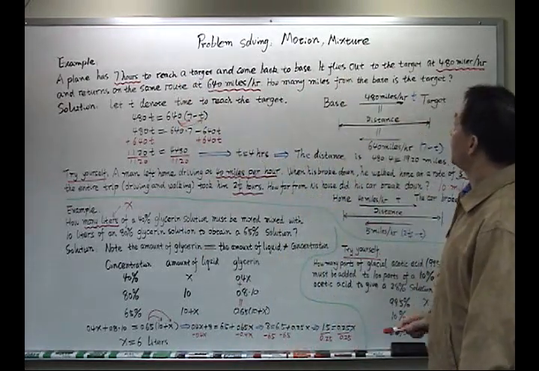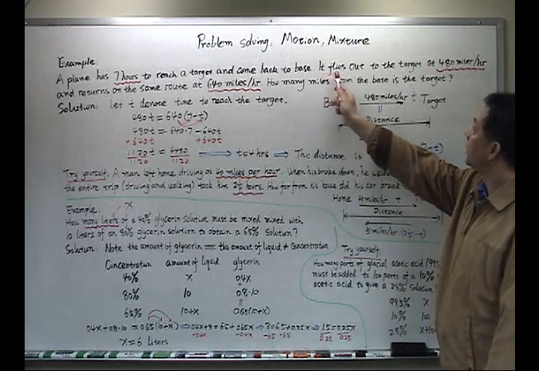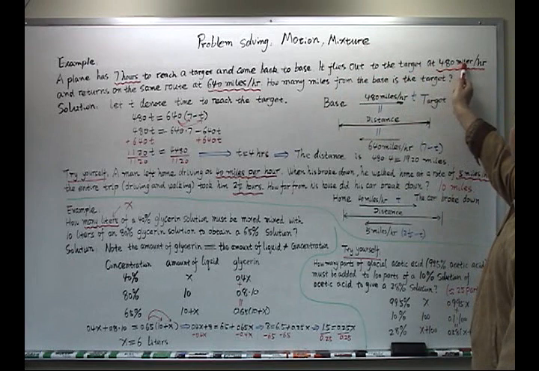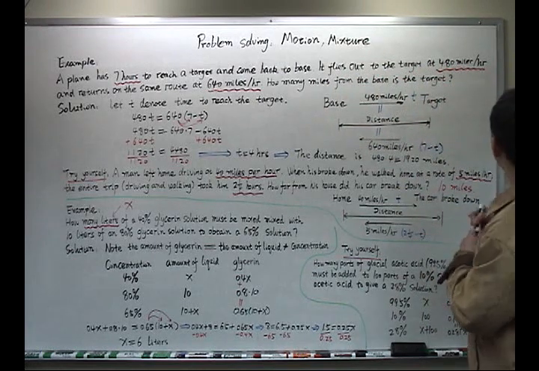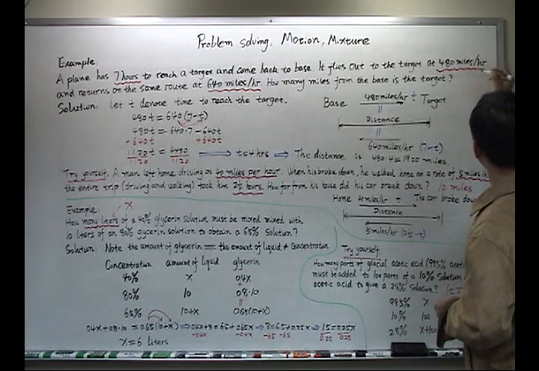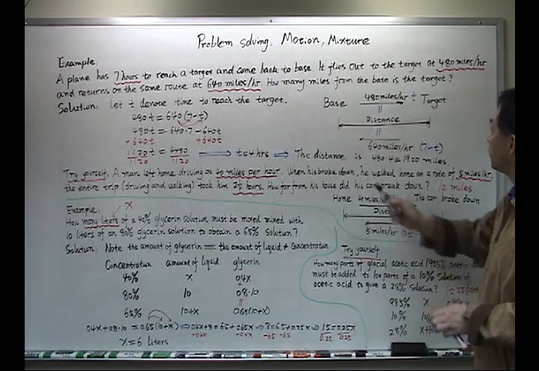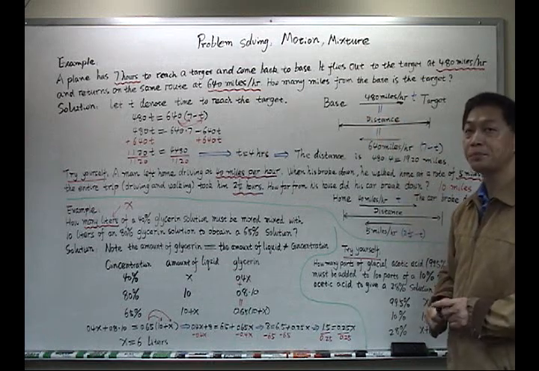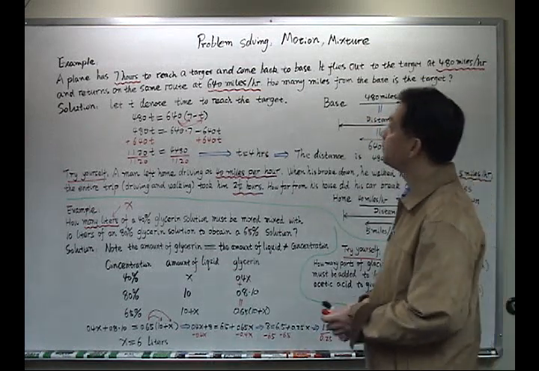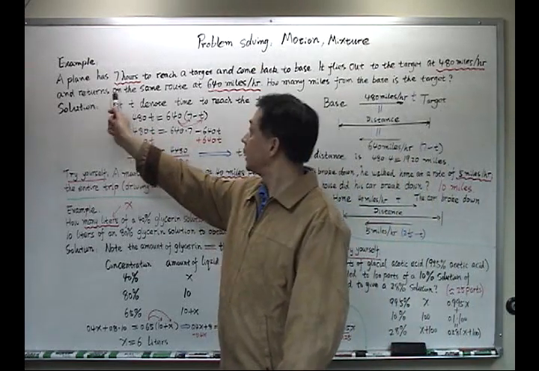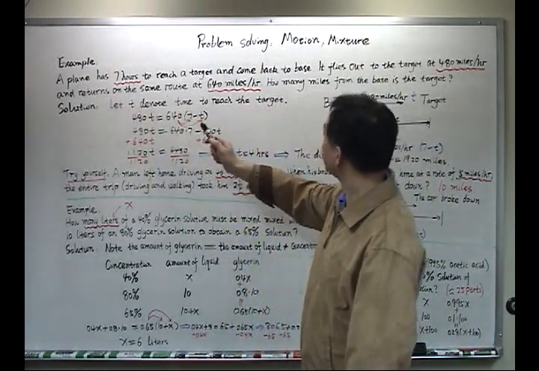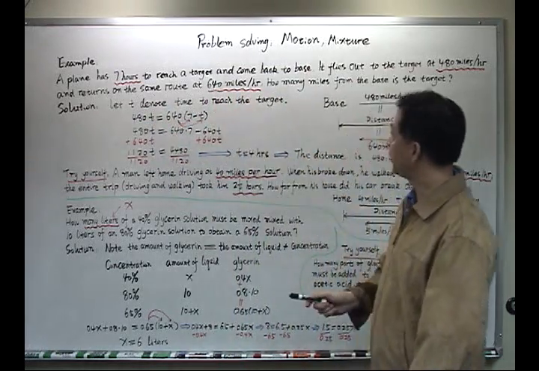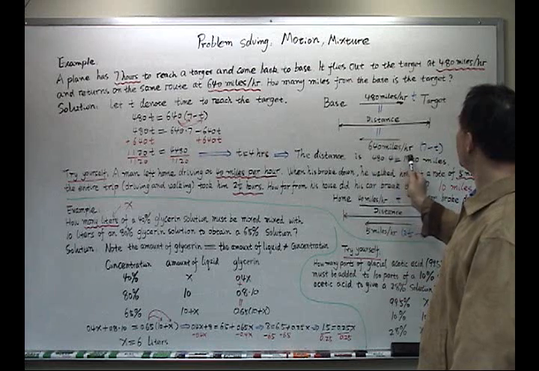The second sentence said that it flies out to the target at 480 miles per hour. So from the base to the target is 480 miles per hour. And then it returns to the base at 640 miles per hour.